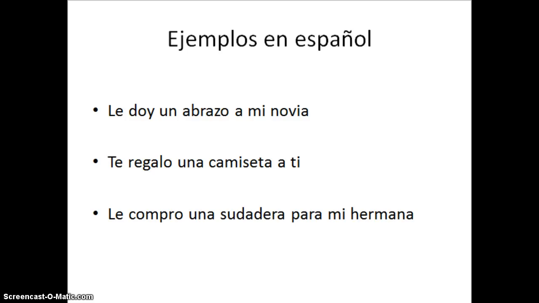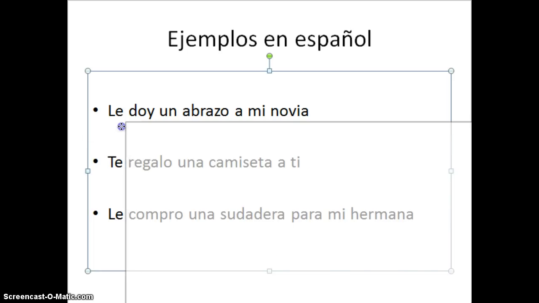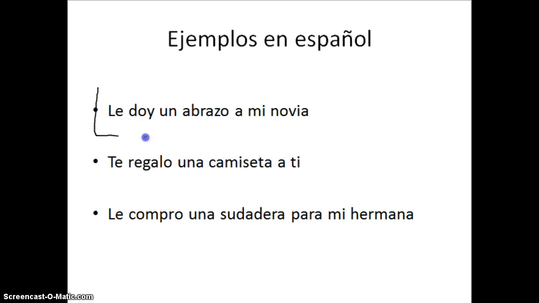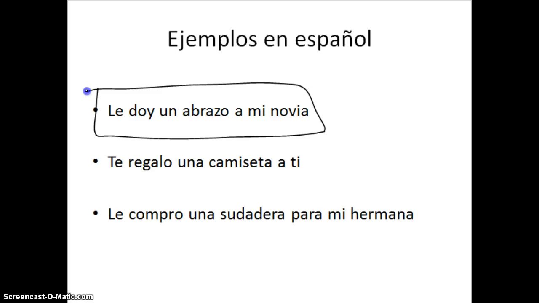I think Spanish is a little bit clearer because it's broken up more easily. Let's see. Our first example is: le doy un abrazo a mi novia. Let's first identify our subject.